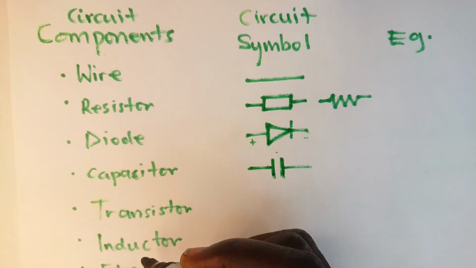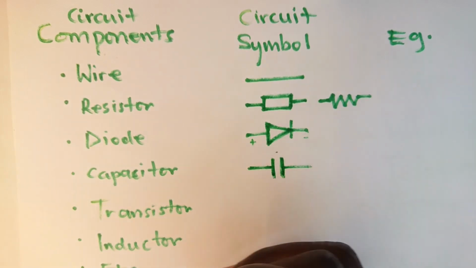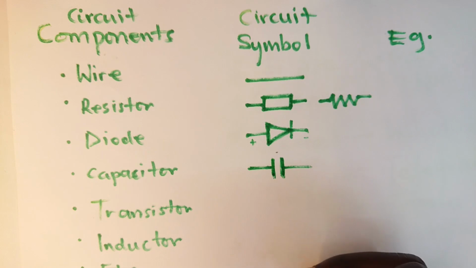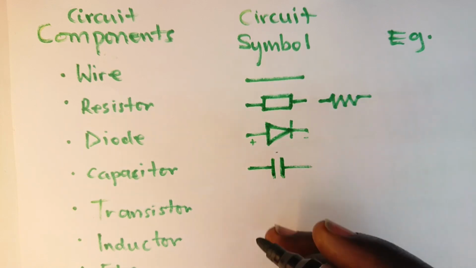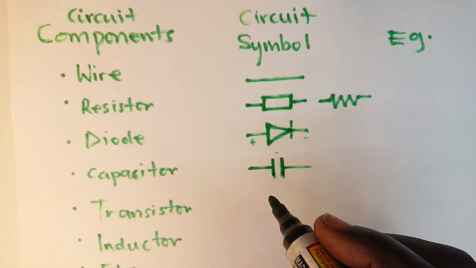Now a transistor may not be very common in most electric circuits, but now when we look at these components down here, we are going into more advanced electronics. I think we'll get there with time, but for the sake of these subsequent videos, we'll begin with the basic ones and exhaust them.